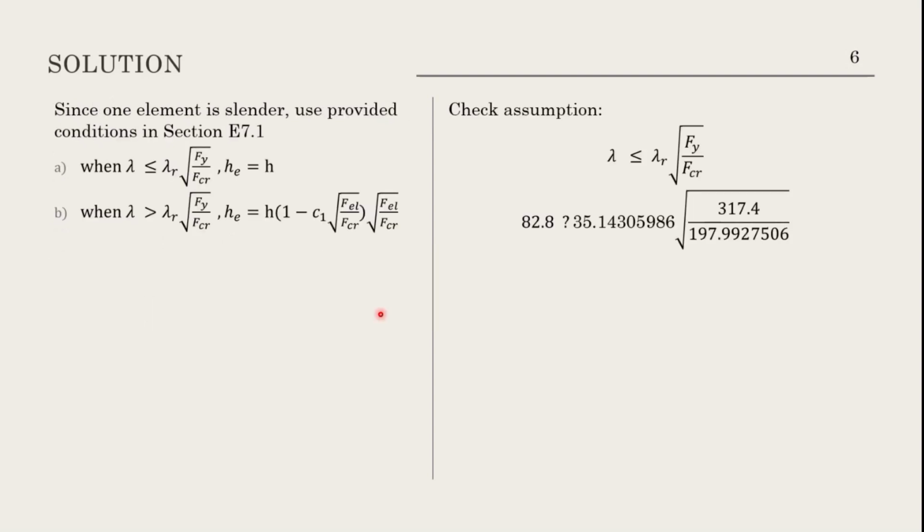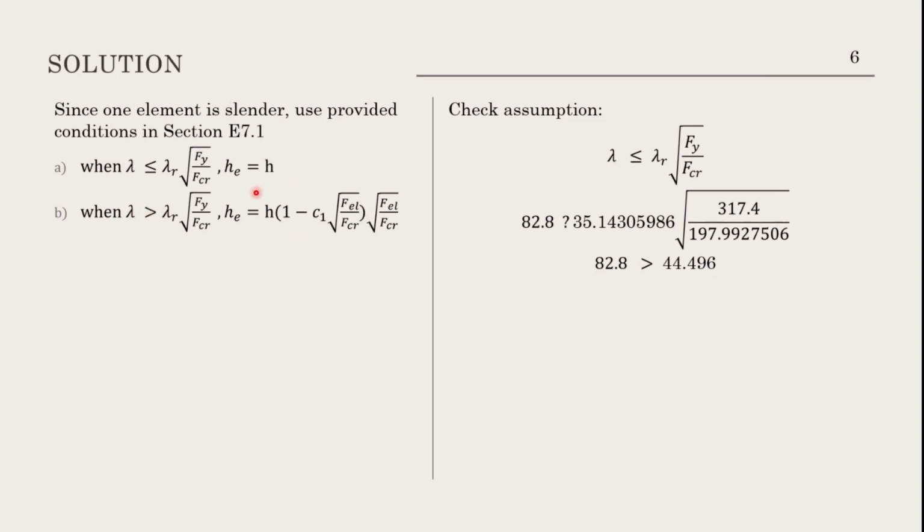Okay, so as you can see, 82.8 is greater than 44.496. So it means we satisfy the second criteria, right?